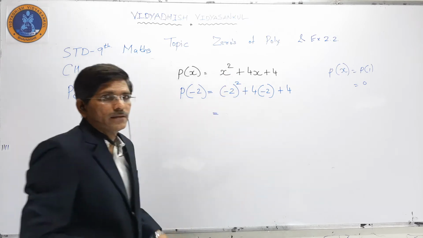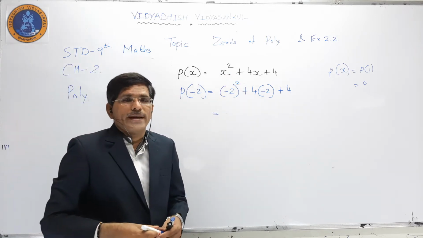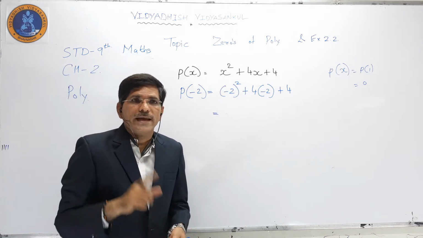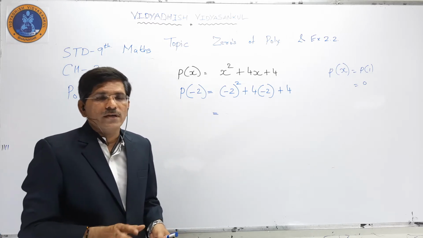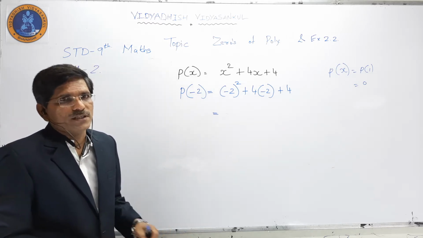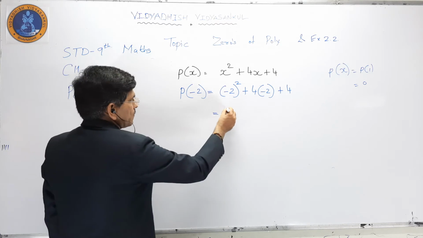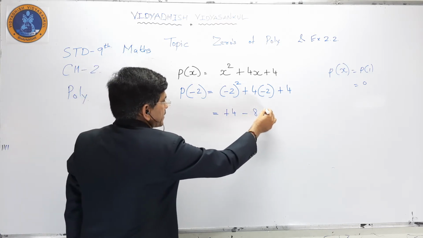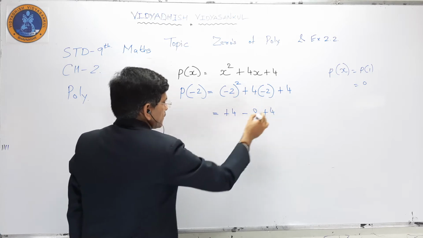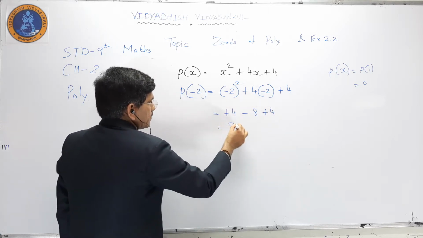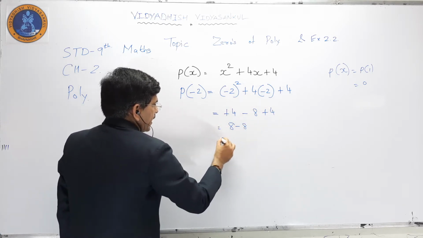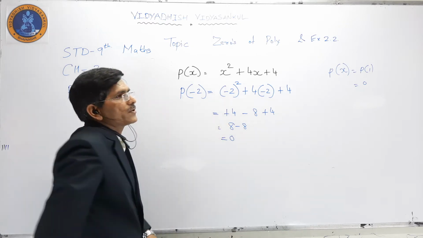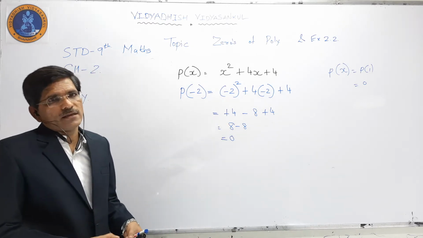Minus 2 square: we know that when a negative number is squared, it is always positive. So I have to write plus 4, minus 8, plus 4. So 8 minus 8, I get the answer 0.